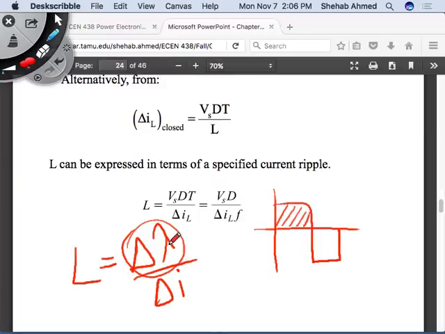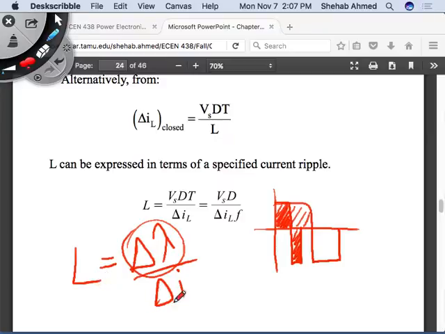Yes, this delta lambda will become smaller, because this area will become smaller, right? If I increase switching frequency for the same duty ratios, then I have something like this, which means my delta lambda will become smaller. If my delta lambda becomes smaller and my delta I is the same, then I can live with a smaller value of inductance.